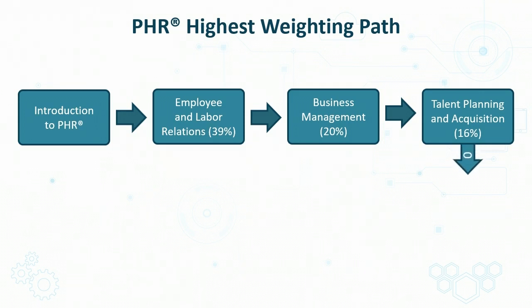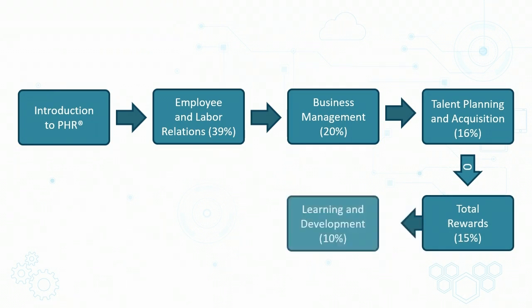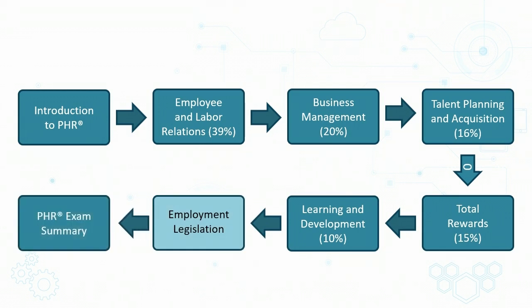Moving from the bottom right to the left with total rewards at 15%, then learning and development at 10%, and then we'll follow with employment legislation and finish up with a PHR exam summary. Employment legislation is highlighted because this can be taken in any order. I would include it last because it's incorporated into the other functional areas.